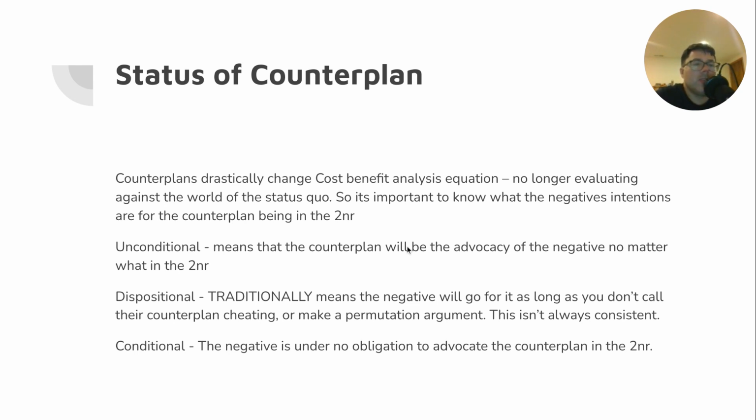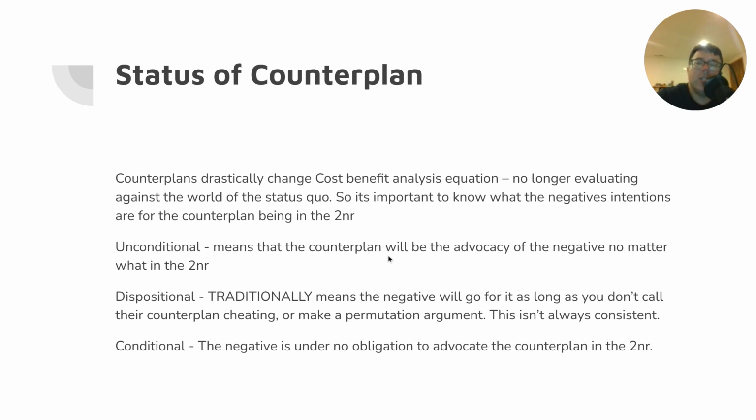A lot of times this decision doesn't happen until the 2NR as to whether the negative wants to abandon the counterplan or not. But you need to ask earlier what the status is so you can condense or expand portions of the debate based upon that knowledge.